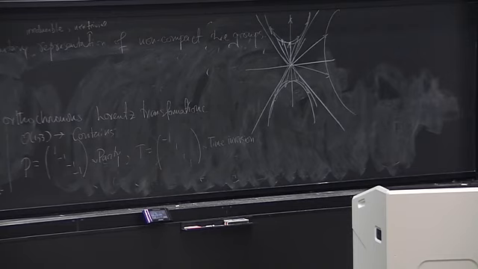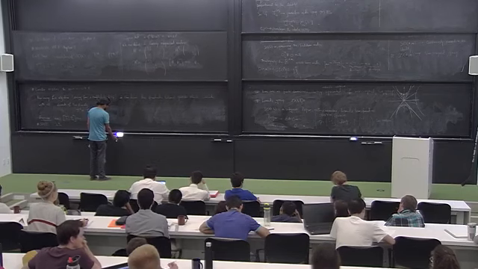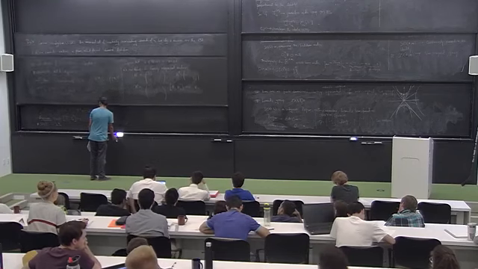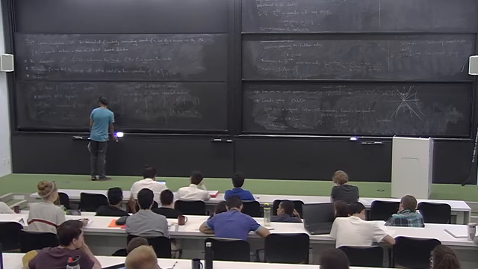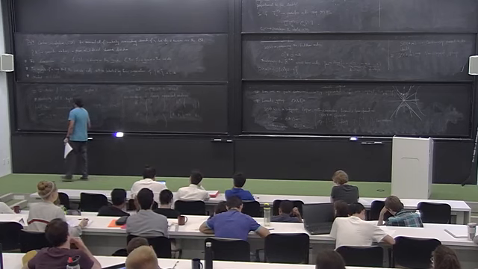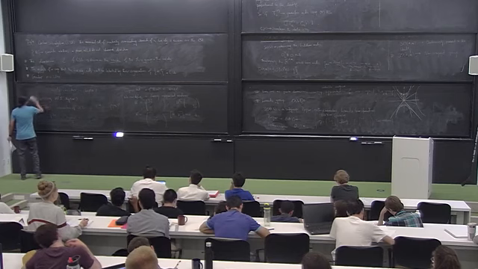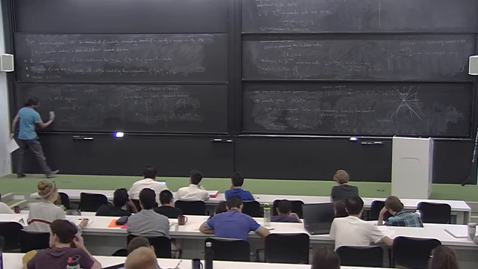So another application of the SO(n,m) groups are the symmetry group of AdS spaces. So what is an AdS space?